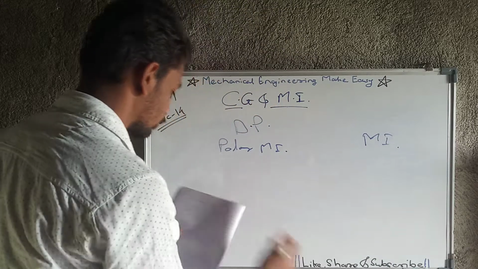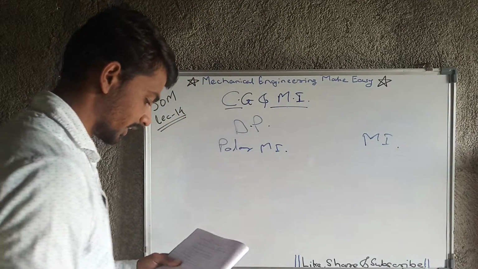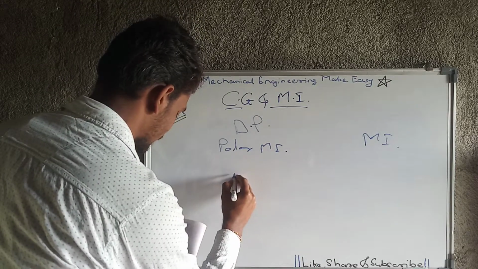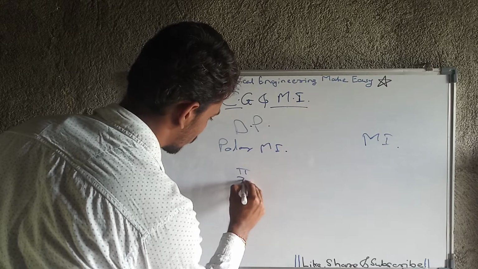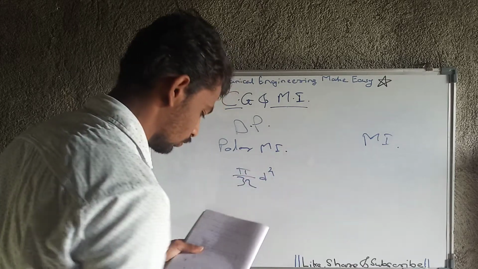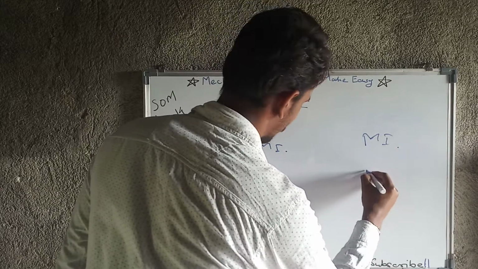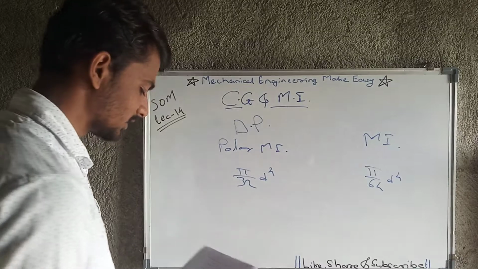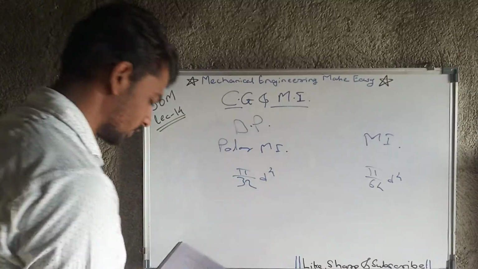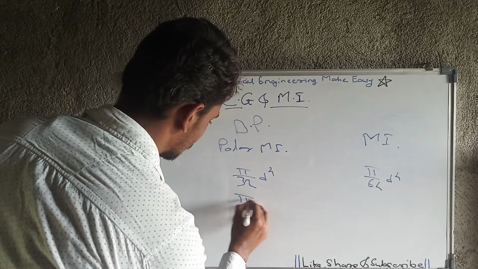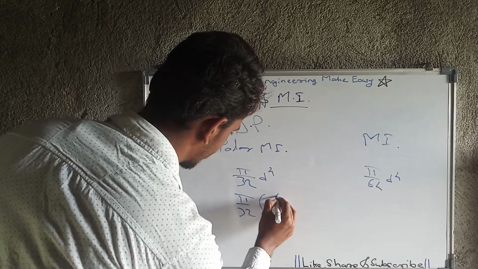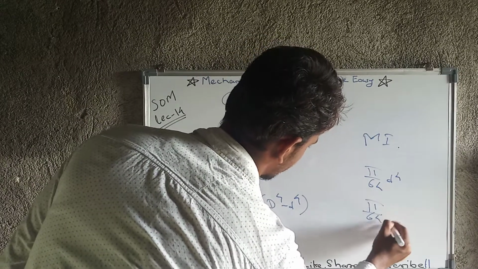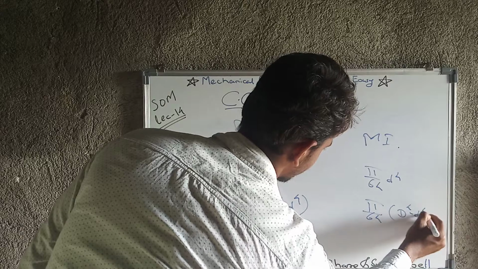For a solid circular section, if there is a solid circular bar, the polar moment of inertia will be pi by 32 d raised to 4, and the normal moment of inertia will be pi by 64 d raised to 4. Next, for a hollow circular shaft, it is pi by 32 (D raised to 4 minus d raised to 4) for polar, and pi by 64 (D raised to 4 minus d raised to 4) for normal.